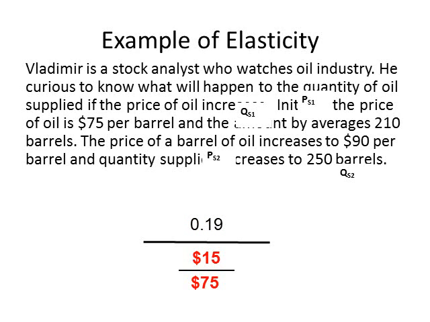Next, divide the price difference by the initial price. In this example, divide 15 by 75, which gives 0.2. As a side note, this number represents the percent change in price.